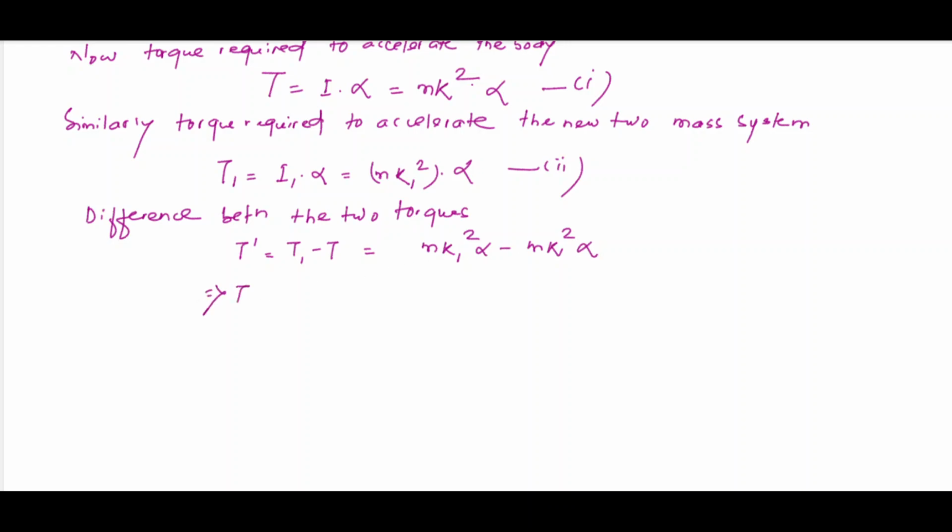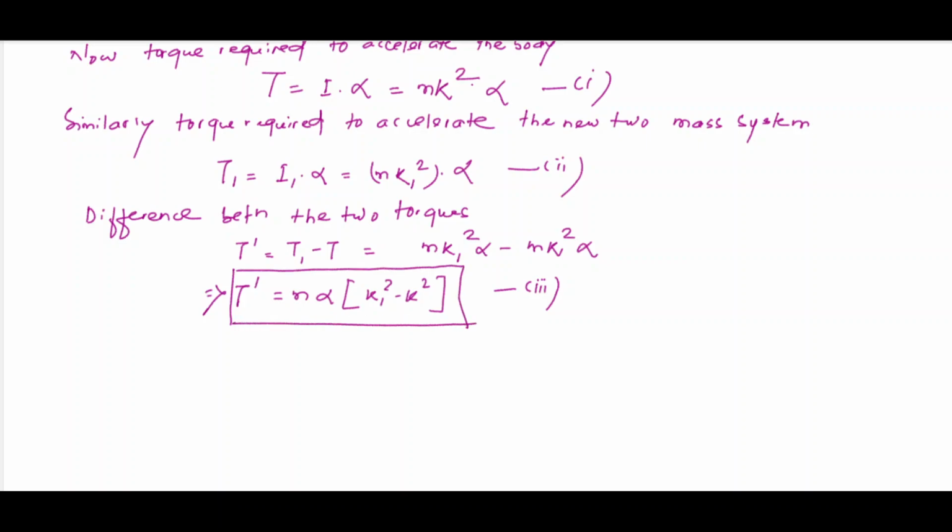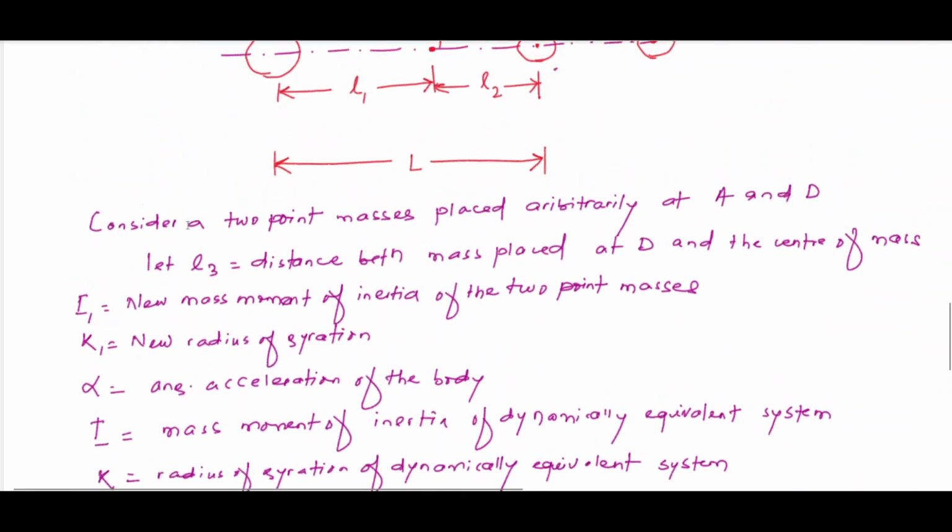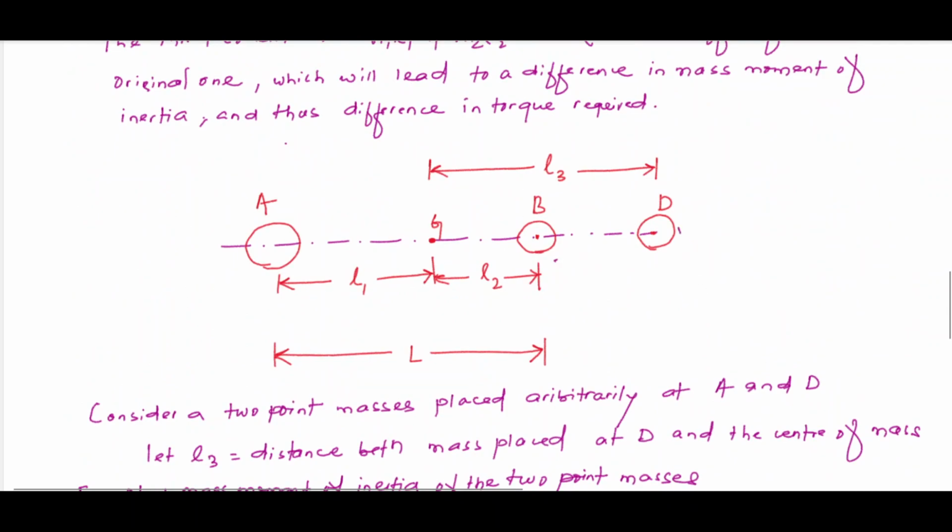Taking m alpha common, T dash is equal to m alpha times K1 square minus K square. Let's say this is our equation 3. This is the difference in torque which arises because of arbitrary placement of the point mass, that is at point D instead of the actual point B.